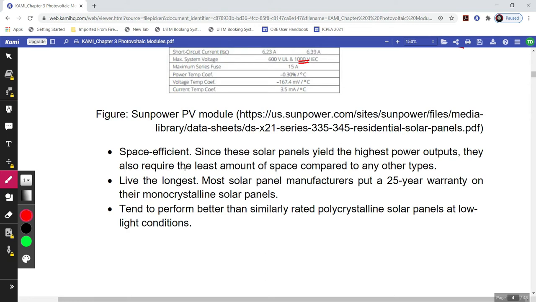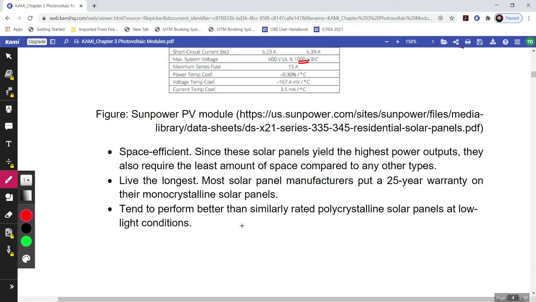Live the longest, which is most solar panel manufacturer put a 25 years warranty on their monocrystalline solar panel. However, this warranty depends on the manufacturer because it have this extra charge, extra amount that you need to pay to have this warranty.